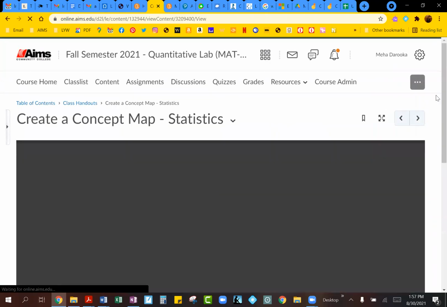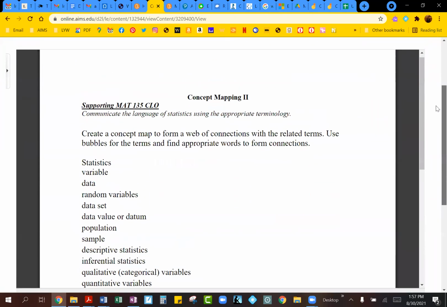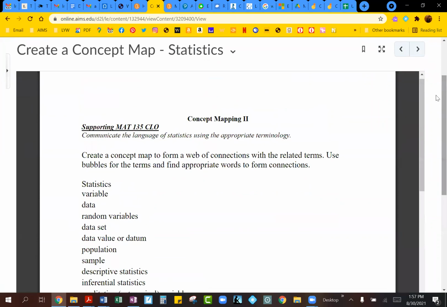So you can kind of see those words listed here. So this one is basically saying to create a concept map to form a web of connections with the related terms. You can use bubbles for the terms and find appropriate words to form connections.